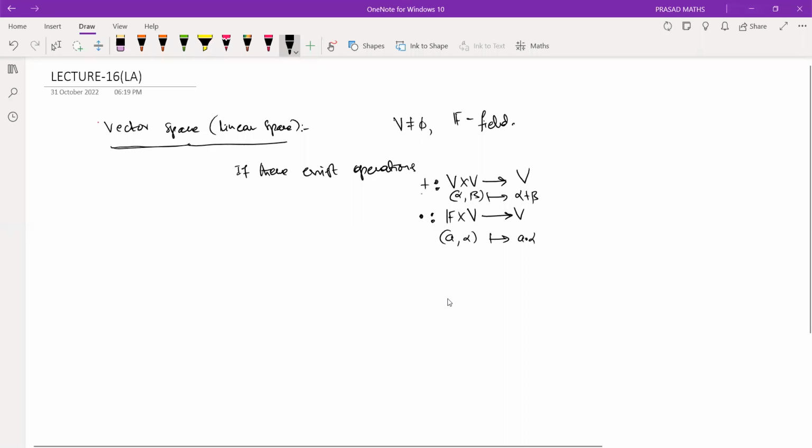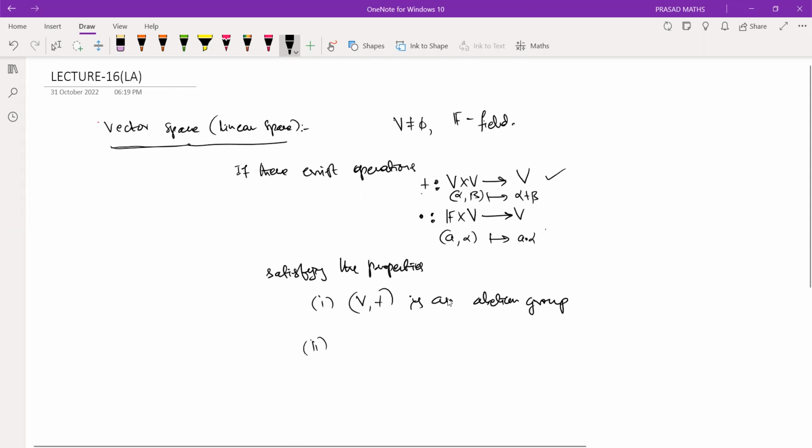With respect to the first operation, satisfying the following properties. First one is, with respect to the first operation, V must be an abelian group. In group theory we have completed that. So with respect to the first operation, it should be an abelian group.